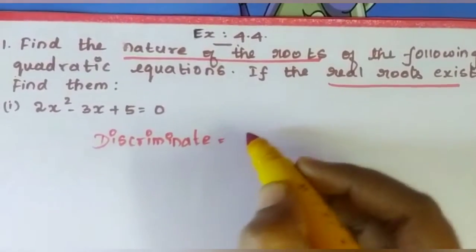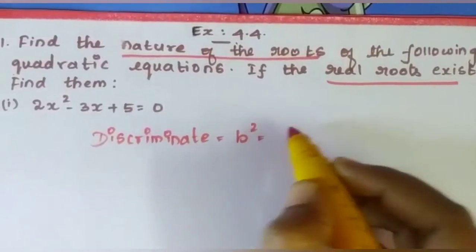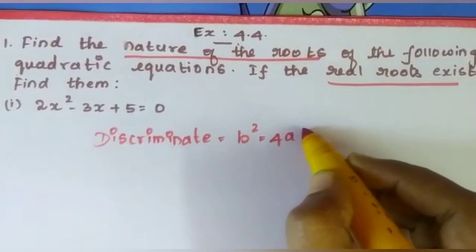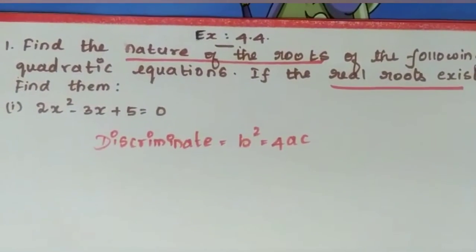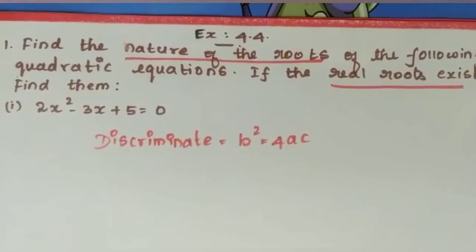What is the discriminant formula? b square minus 4ac.